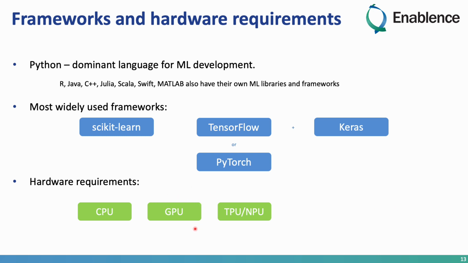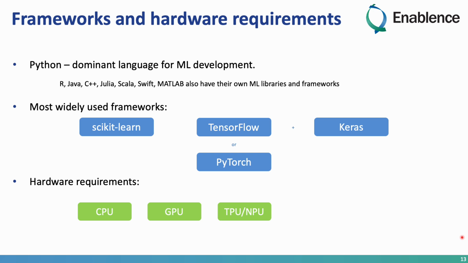Now, GPUs are graphics processing units, and they're highly efficient for training deep learning models due to their parallel processing capabilities. And TPUs, tensor processing units, are specialized hardware accelerators that were developed by Google specifically for deep learning workloads. And they provide even faster training times compared to GPUs.